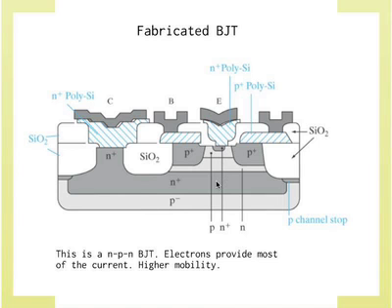Let's do this again. The emitter base junction is forward biased. Electrons are injected across the junction into the base, which is this gray region right here. And they will diffuse across to the collector, which is this N+ region down there. That's your injection current.